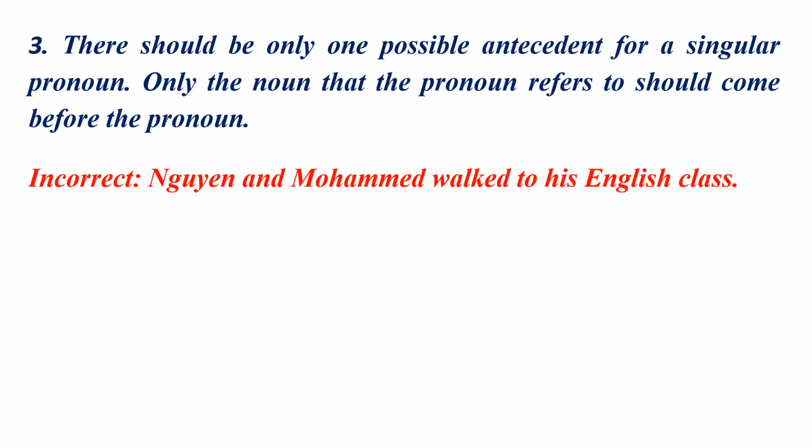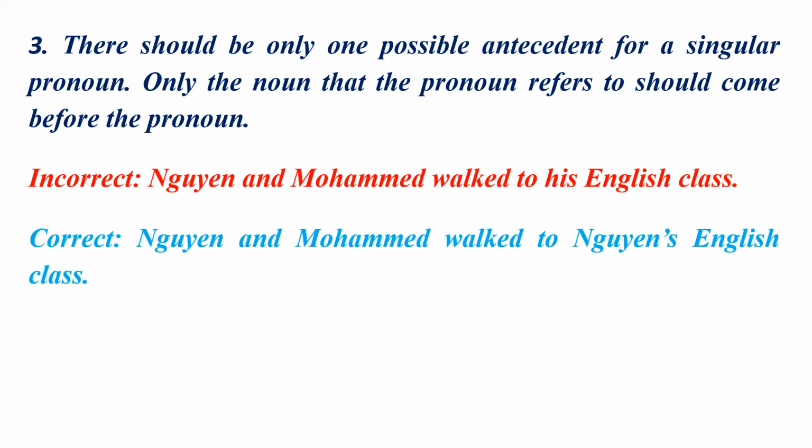And so you have to make it clear, like: Juan and Muhammad walked to Juan's English class. If we use this sentence, it becomes clear to the readers or listeners whose class is referred to here.